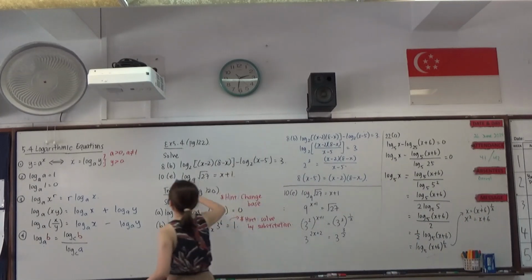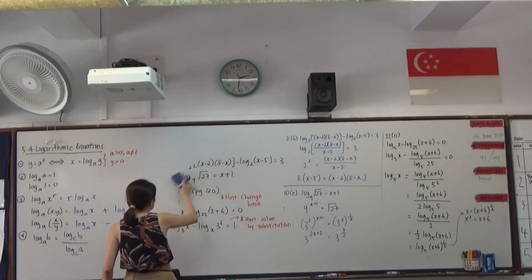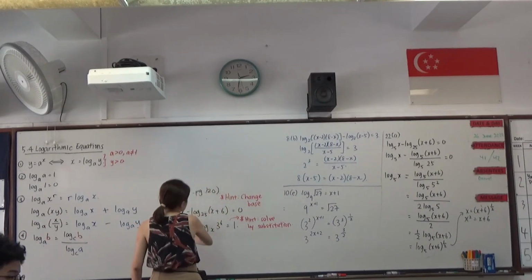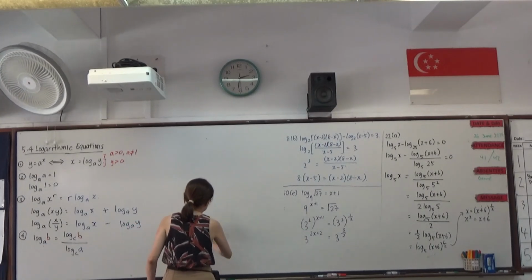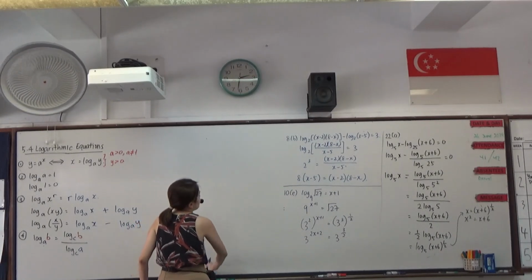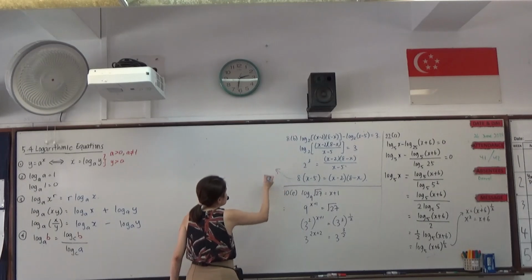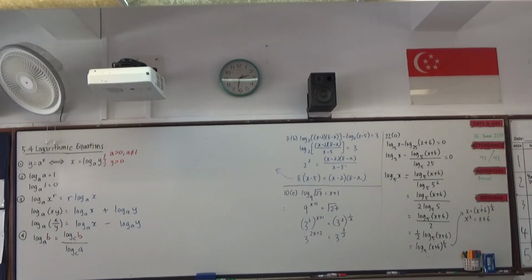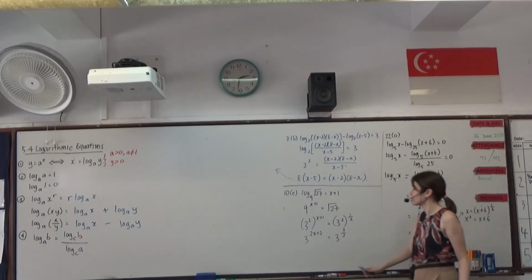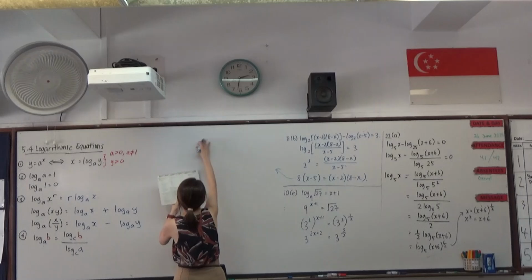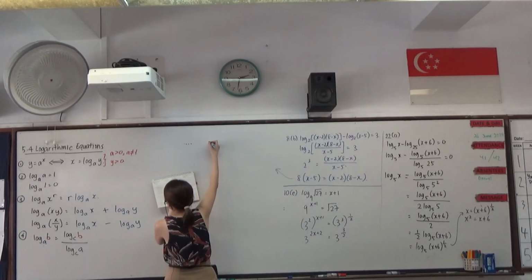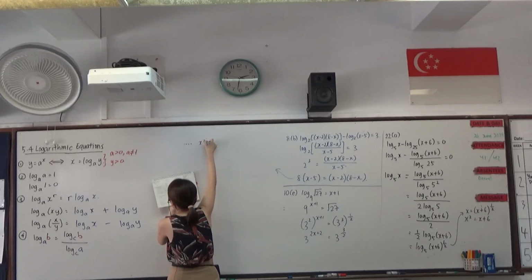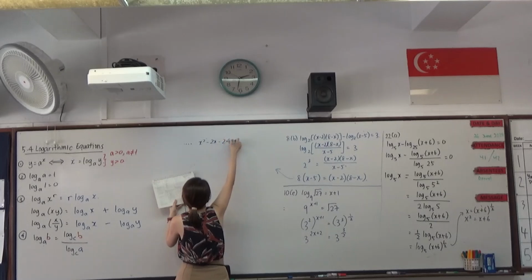I'll erase the question here first. Moving on from here, I'll just take some steps as well. You won't be able to get x squared minus 2x minus 24.